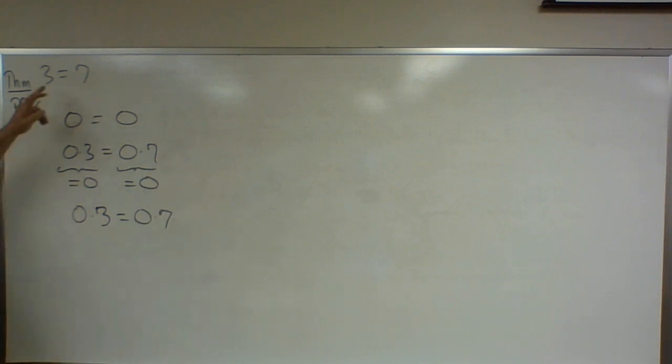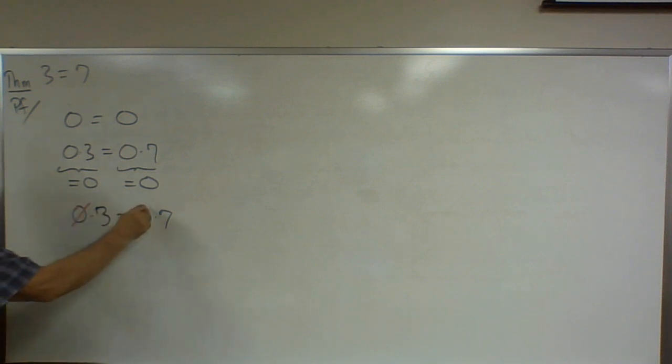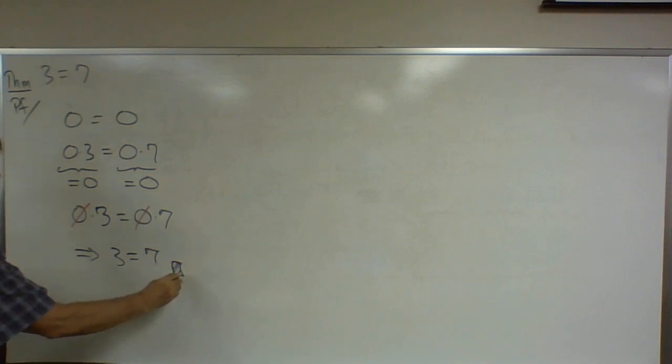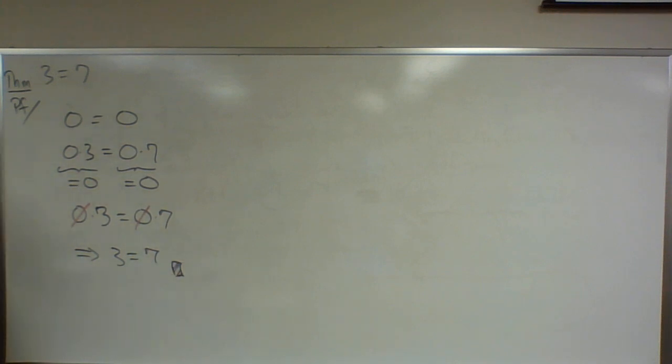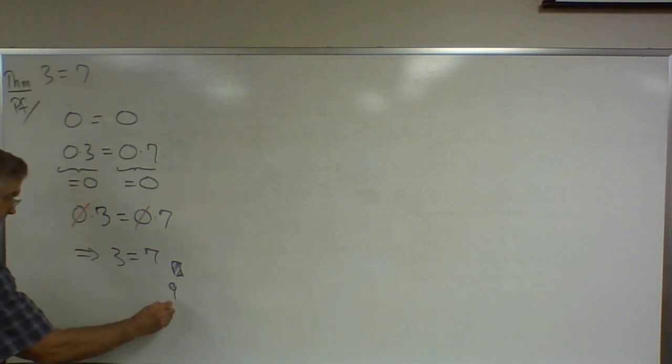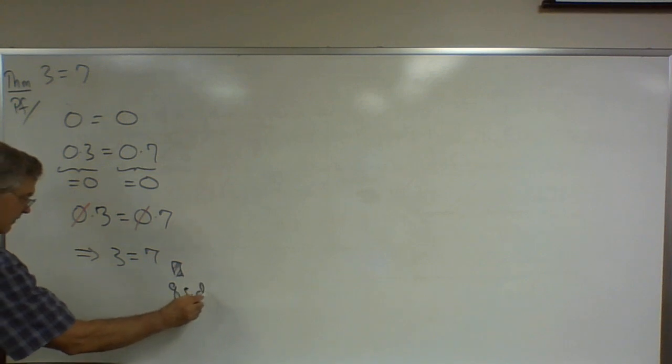And now to get my result, I'm just going to cancel 0 from both sides. That's such a nice proof. I'm not sure that a little square box at the end is good enough. I think maybe I'll do the old Latin QED.